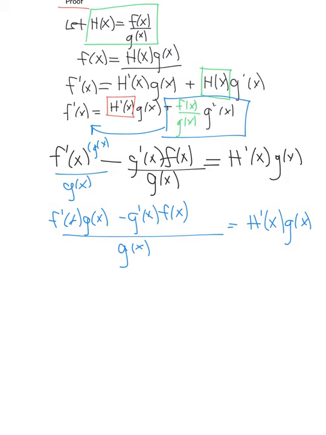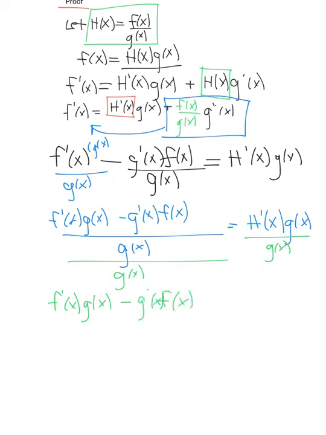And now I'm going to divide both sides by g of x, and I'm going to get f prime of x times g of x minus g prime of x, f of x, all divided by g of x squared.